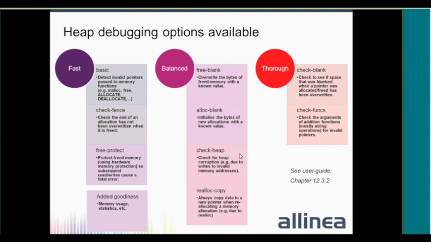Typically, if I take an example, all of these keywords are described in the user guide, but for instance, let's say that I'm talking about the free blank option. This means that every time you deallocate an array, Allinea DDT will paint the memory with a known value, and that would be typically 0, 0, 0, 0. Why is this useful?